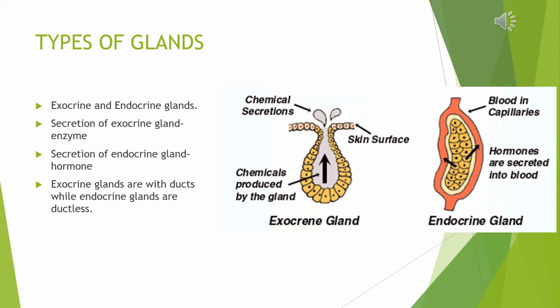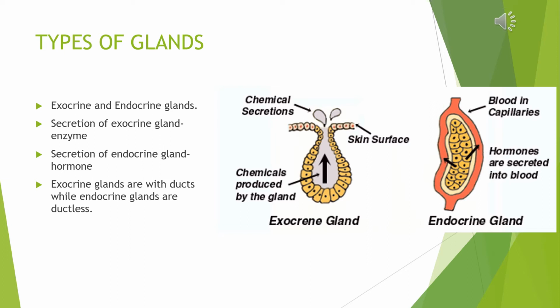There are two types of glands present in our body. One is called the exocrine gland and the other is called the endocrine gland. The endocrine glands are parts of the endocrine system because they secrete hormones. The main difference between these two glands is that in an exocrine gland, there is no blood vessel into which the chemical secretion enters.